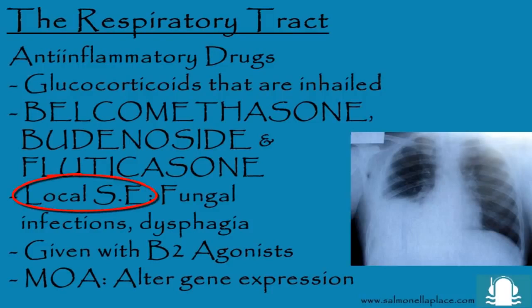The local side effects, however, include fungal infections in the throat and dysphagia, and beta-2 agonists are given with them. The mode of action alters the gene expression. Again, they are used for prophylaxis. However, if they are given long-term, they can cause osteoporosis.